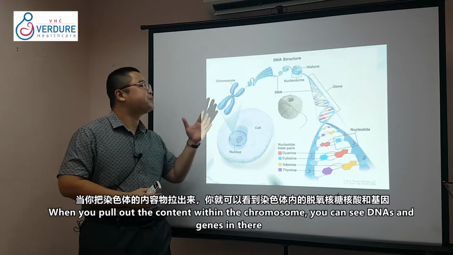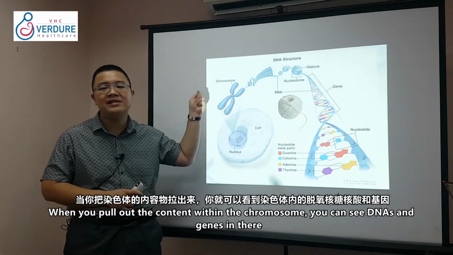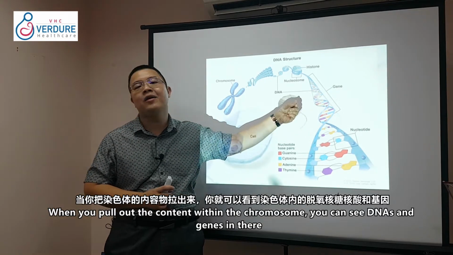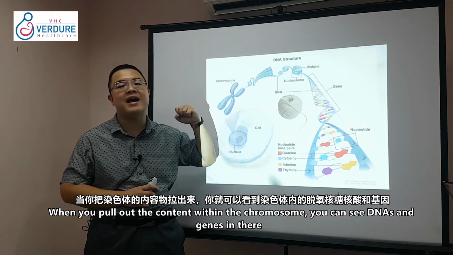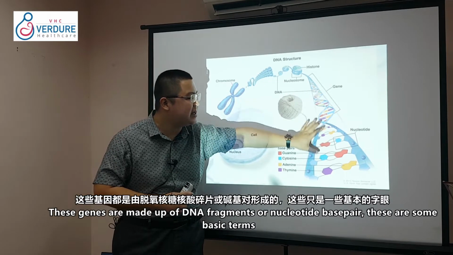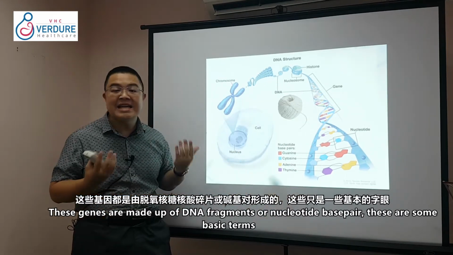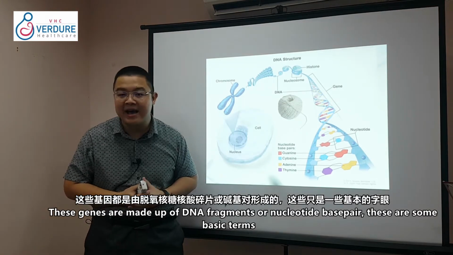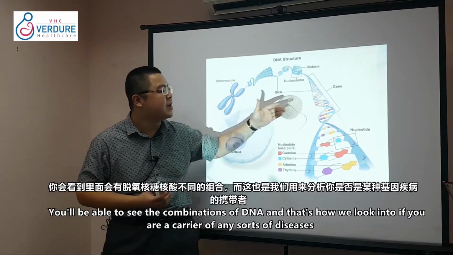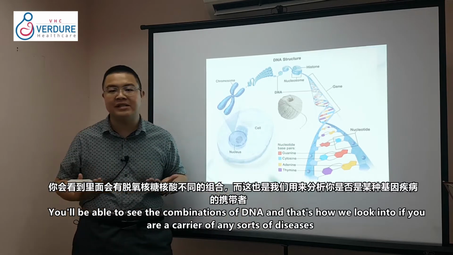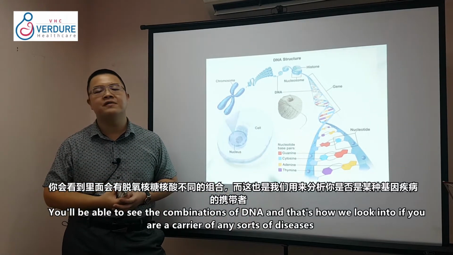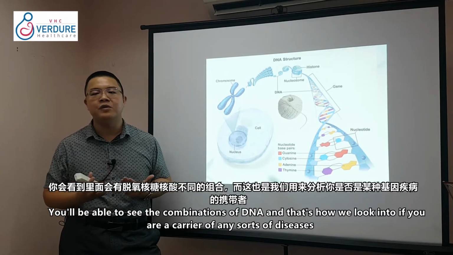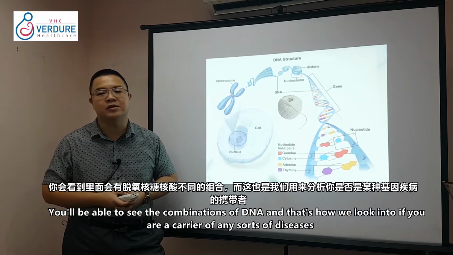If you pull out the contents within a chromosome, you can see the DNA, or so-called genes, and these genes are made out of DNA fragments, what we call the nucleotide base pairs. This is a fancy term, whereby you will be able to see the combinations of the DNA, and that's how we look into whether you are a carrier of any sort of disease.